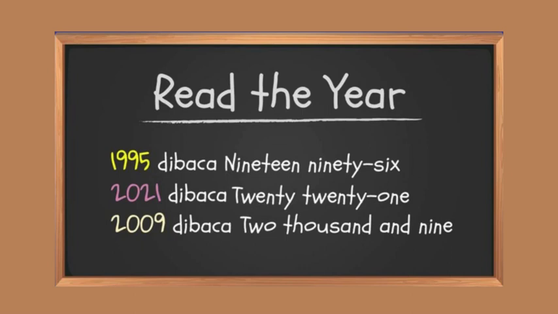For the second one, 2021, we read twenty twenty-one. And the last one, 2009, we read two thousand nine. And so on, the same as reading the year.